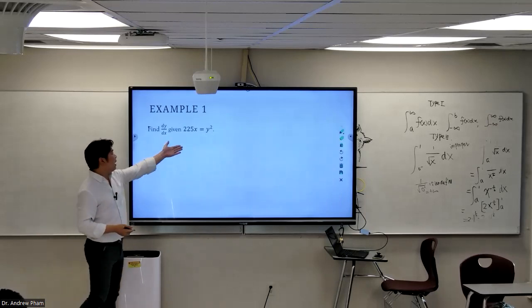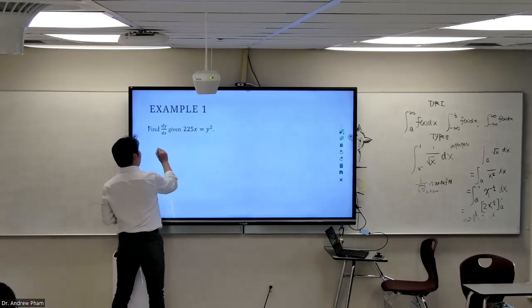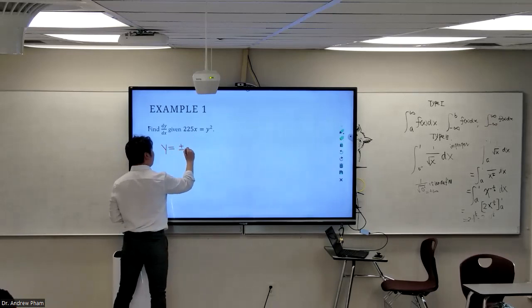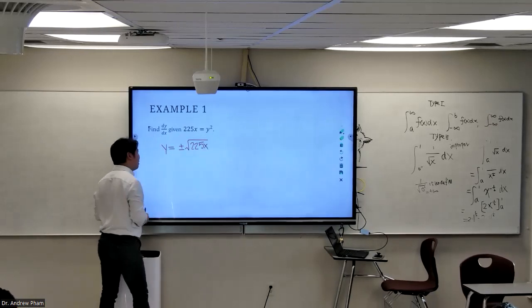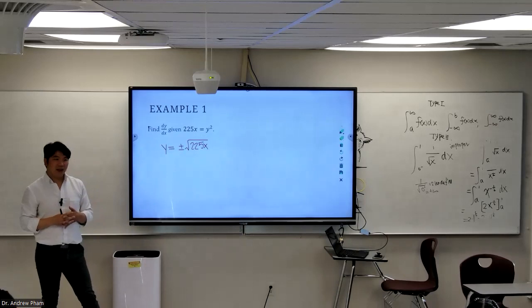In other words, I could take the square root of y squared on the left and right. So if I took the square root, I could say, for example, y is equal to, if I want to be sort of exact, square root of 225x. Again, I haven't taken a derivative yet, but if I wanted, I could solve for y.